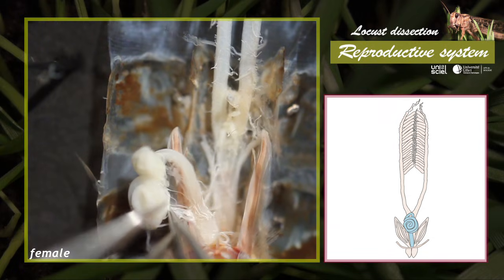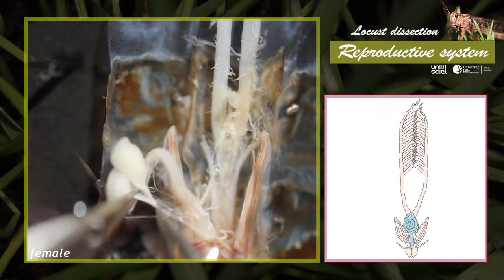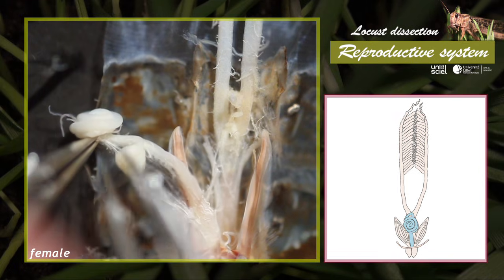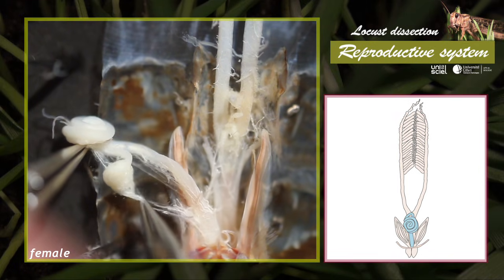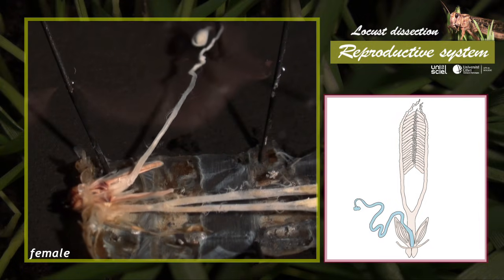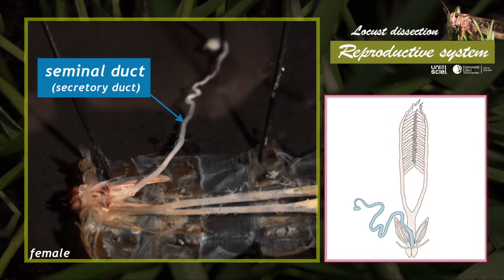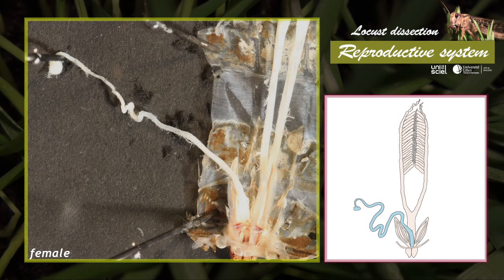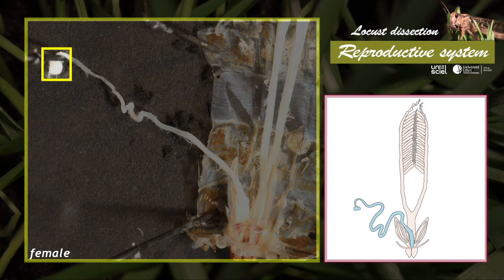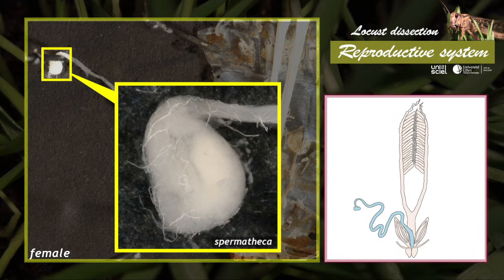The seminal duct is moved laterally with fine forceps and fixed around a dissecting pin. At the upper end of the seminal duct is now visible the spermatheca, the receptacle used to store spermatozoa after mating.